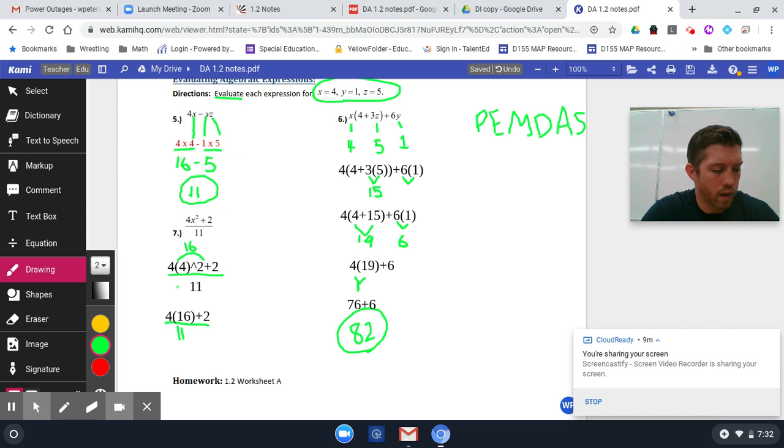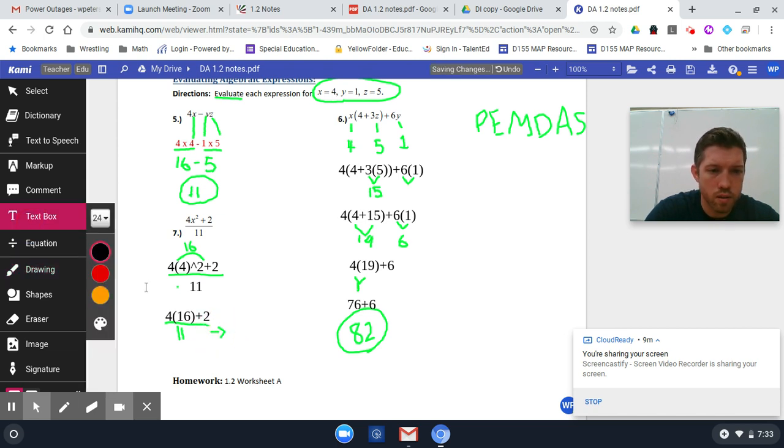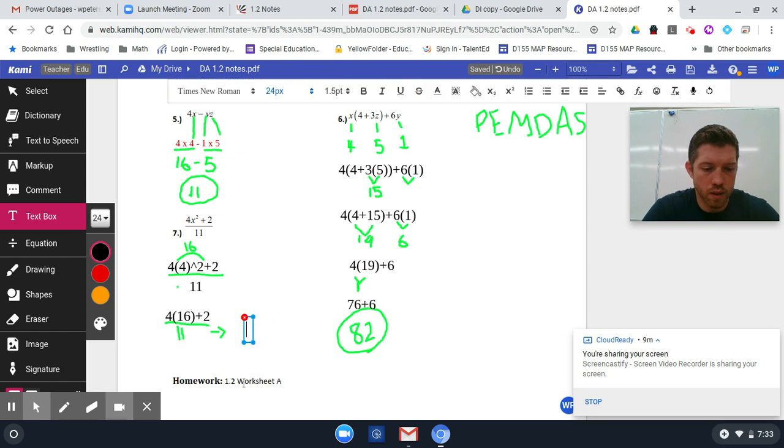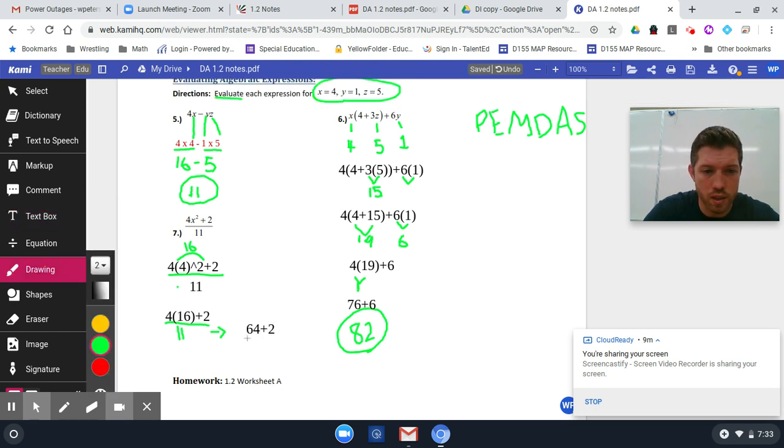Now next, we have to do 4 times 16. Go ahead and use a calculator if you need to. 4 times 16 is 64. So I'm just going to move it right over here for you. We have 64 plus 2. A lot of you could do that step by itself, because you know what 64 plus 2 is. So we have 64 plus 2, which is 66.